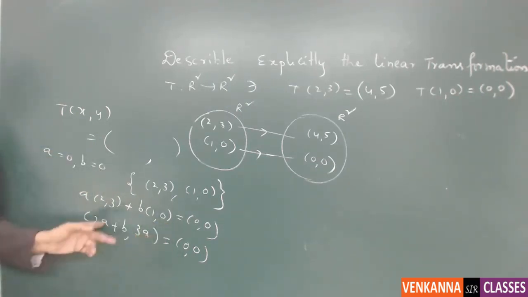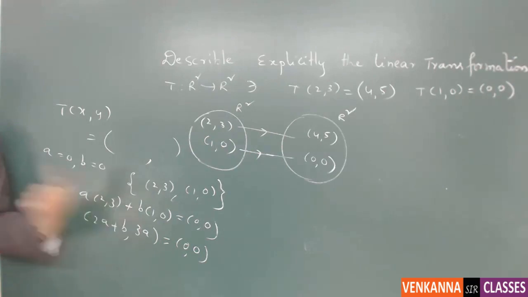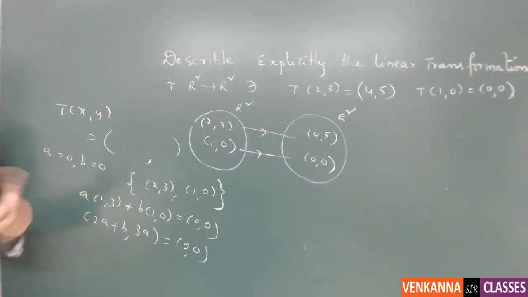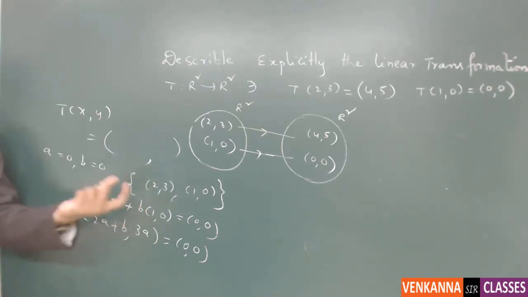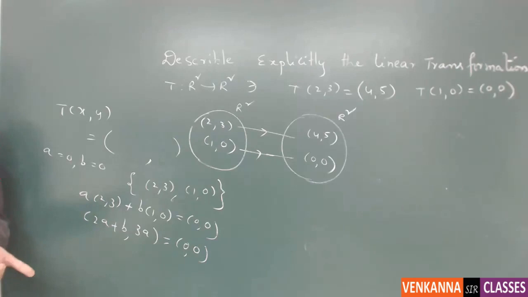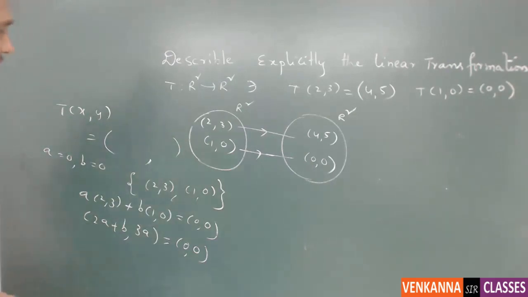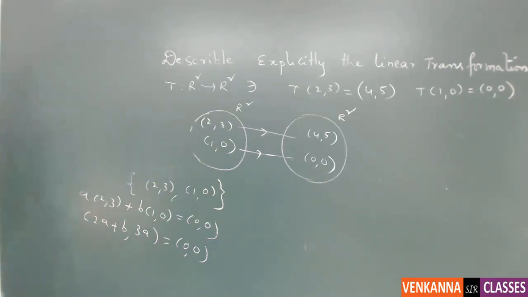So in the linear combination, the scalars a and b have become completely 0. So it is linearly independent. The shortcut technique is to write (2,3), (1,0) as a matrix and calculate its determinant. Since that is not equal to 0, it is linearly independent. That is the shortcut. The other thing is I want to check whether this set spans R square or not.